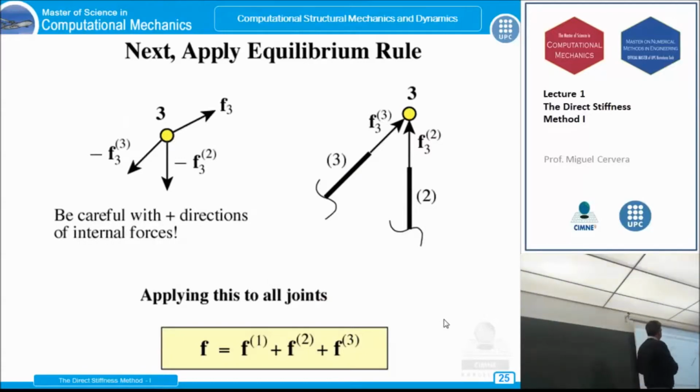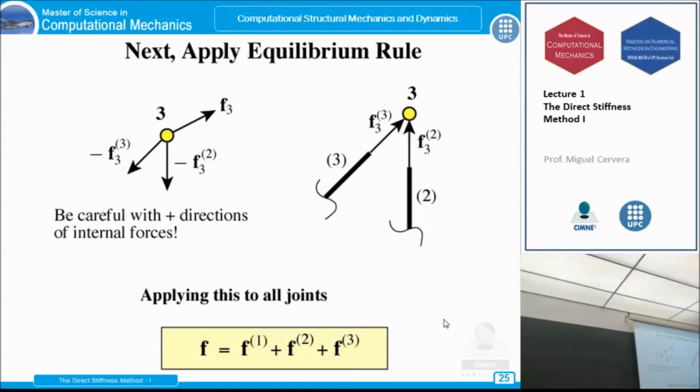You see? Consider node number 3. In node number 3, we have two members meeting, element number 2 and element number 3. Okay, these are by definition the positive axial force in member 2. And this is by definition the positive member force in element number 3.